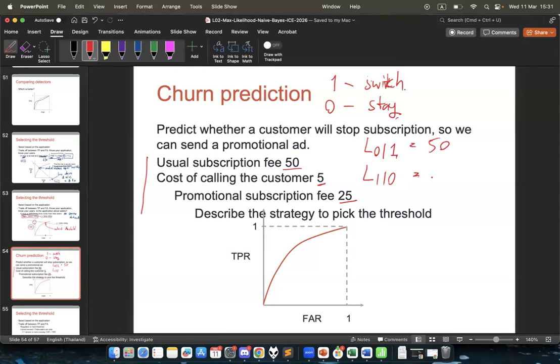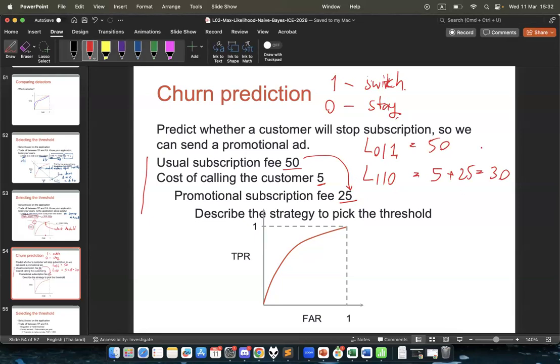The customer is actually staying, but I predict a switch. You lose 30, because you first lose 5 from the call, and you lose the difference: before, the customer would be paying 50, but now he's paying 25. So the cost here is 30.